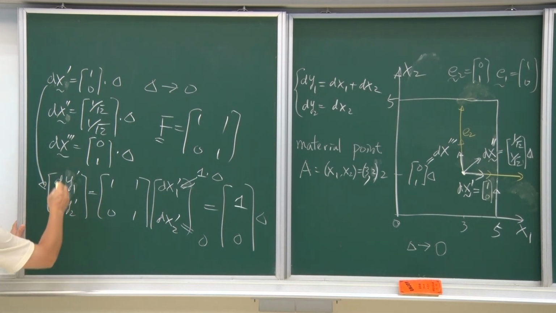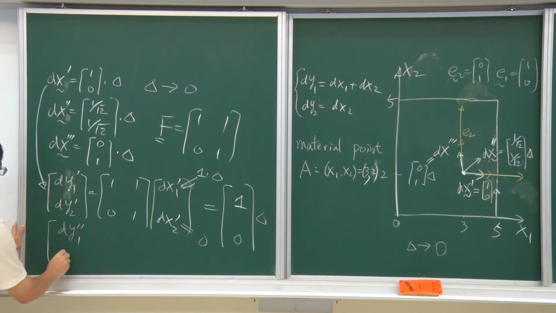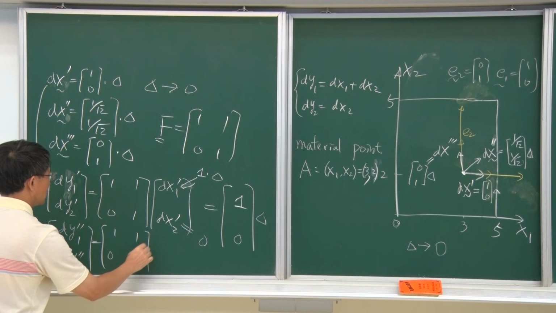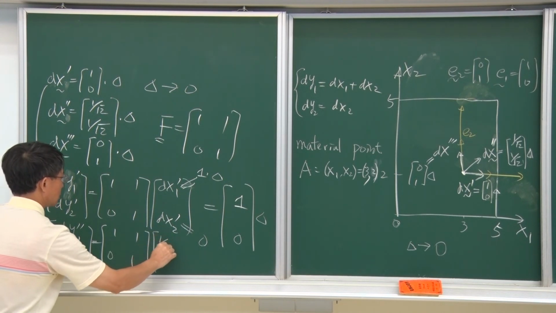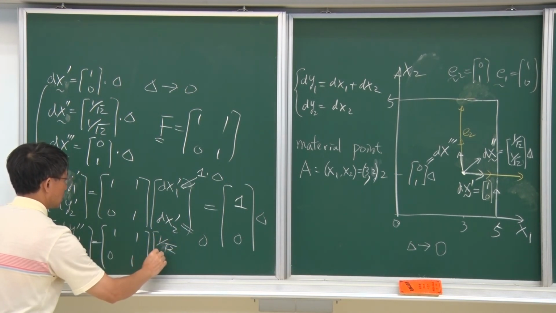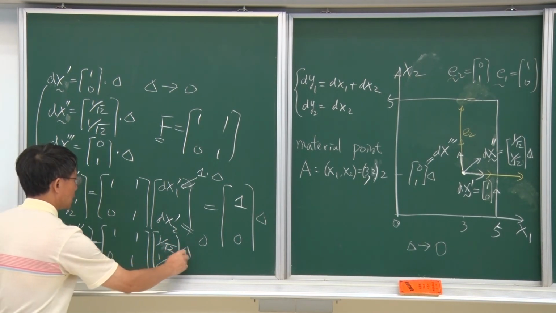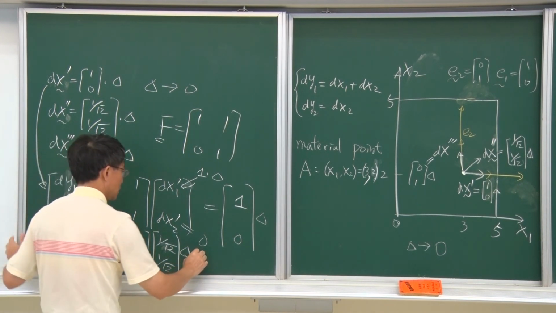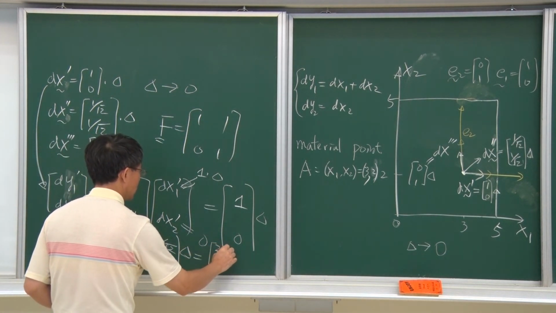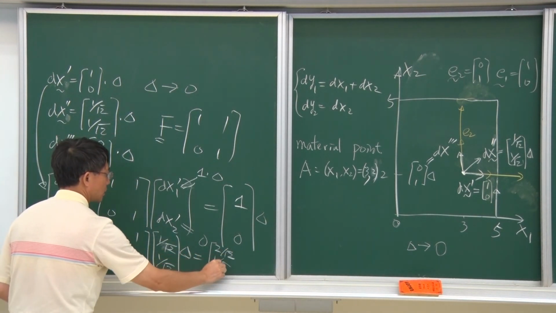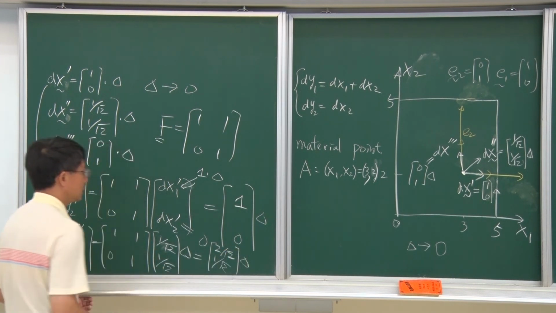And also, for the same reason, we can calculate another material line, which gives 2 over square root 2, 1 over square root 2 delta.